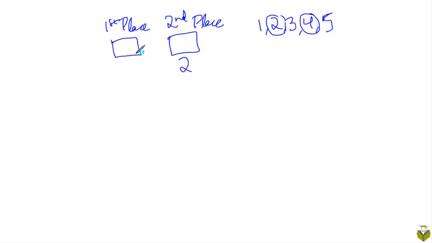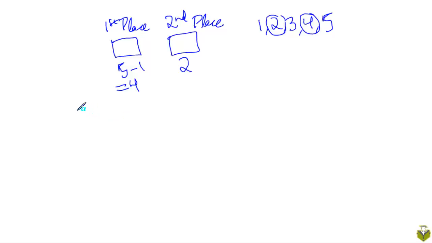And what about the first place? The first place cannot use one digit because it has already been used for the second place, right? So either 2 or 4 has been chosen for the second place, so the first place cannot use that. So the first place will only use 5 minus 1, that is equal to 4. So 4 digits can be used because one digit is used in the second place.